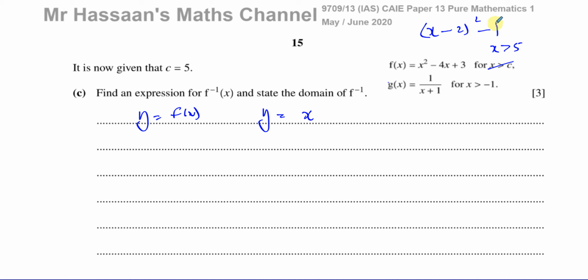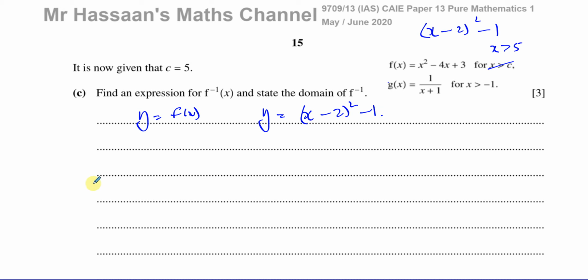So when you have a quadratic written in the complete the square form, it's very easy to find the inverse then, because you only have one x term, and it will make life easier for you. So you have y equals x minus 2 squared minus 1.